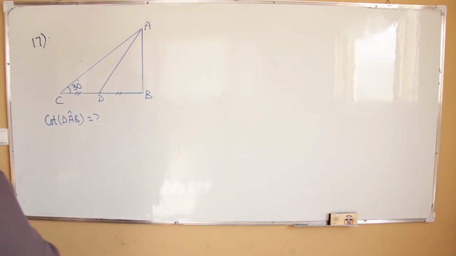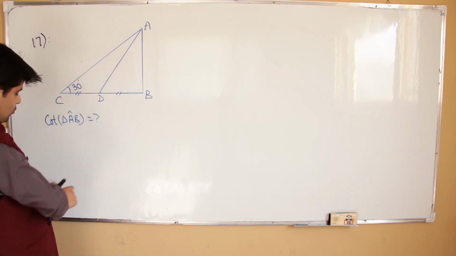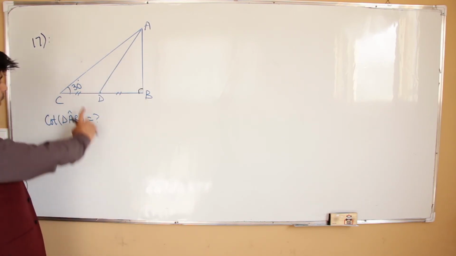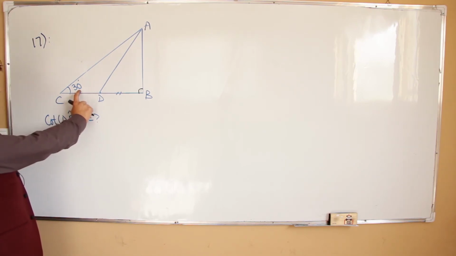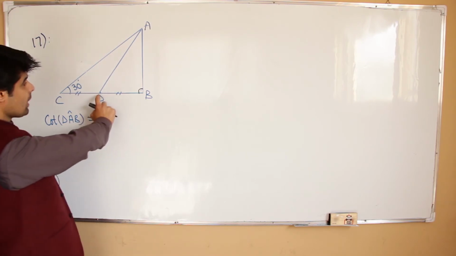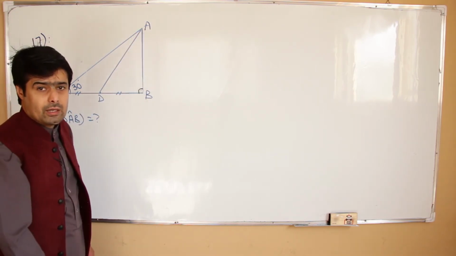A very simple question. In here we have a triangle ABC, which is a right angle triangle. And here one angle is given as 30 degrees. But the question is the cotangent of DAB, and DAB is once again a right angle triangle.